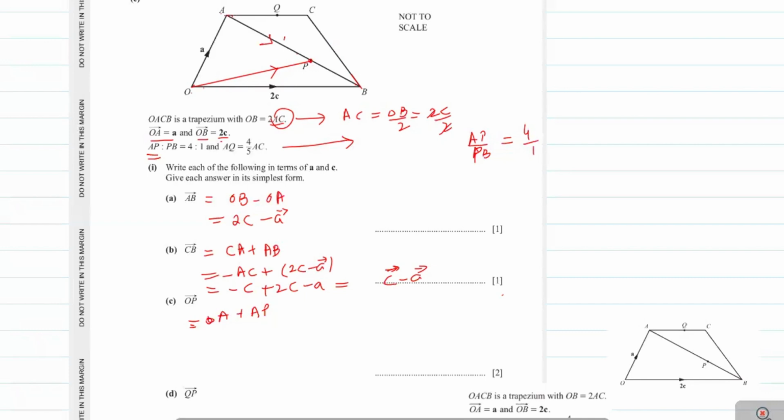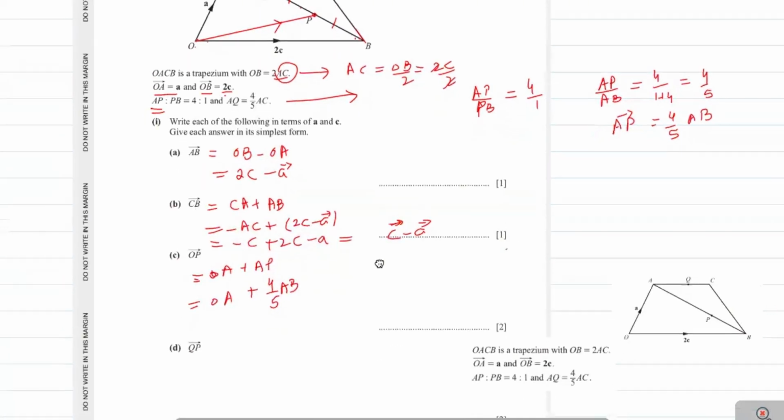Look here, this AP is 4 and this PB is 1. Therefore, if we take AB, it will be equal to 4 plus 1, 5. Therefore, the ratio AP over AB is 4 over 1 plus 4, which is 4 over 5, and therefore AP will be equal to 4 over 5 AB, and we write OA as it is.